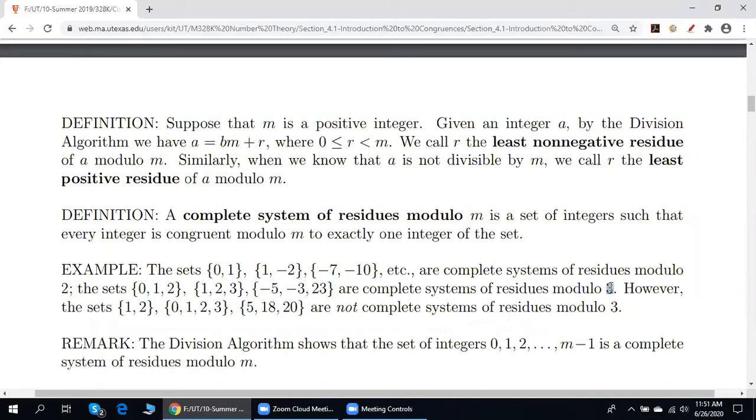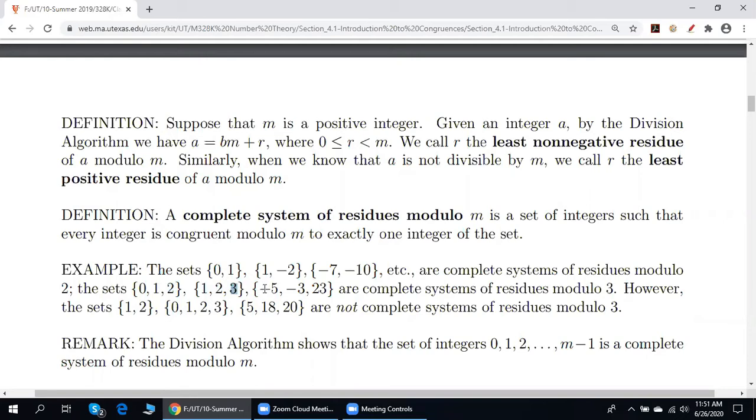Now let us consider modulo 3. These are complete systems of residues modulo 3 because any integer is congruent to either 0 or 1 or 2 modulo 3. Any integer is congruent to either 1 or 2 or 3 modulo 3.